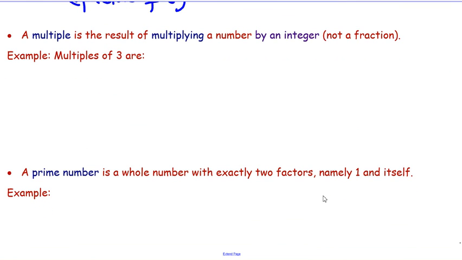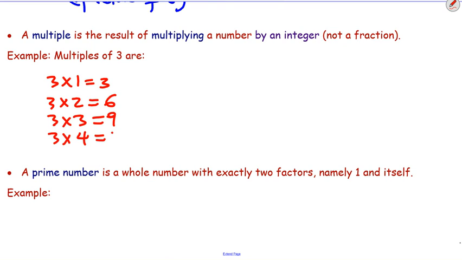A multiple is a result of multiplying a number by an integer, and of course that integer has to be a whole number, not a fraction. So if you want to find multiples of 3, think of the 3 times table. So 3 multiplied by 1 is 3. 3 multiplied by 2 is 6. 3 multiplied by 3 is 9. 3 multiplied by 4 is 12. 3 multiplied by 5 is 15.